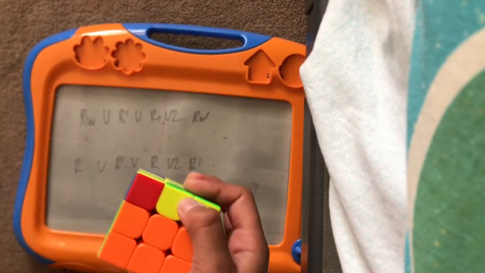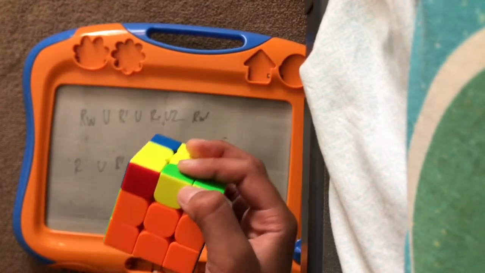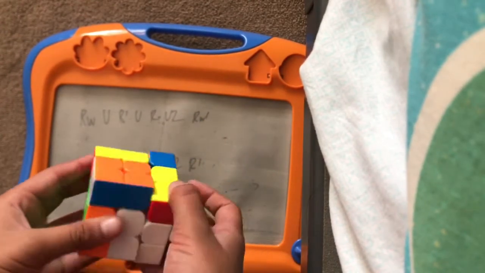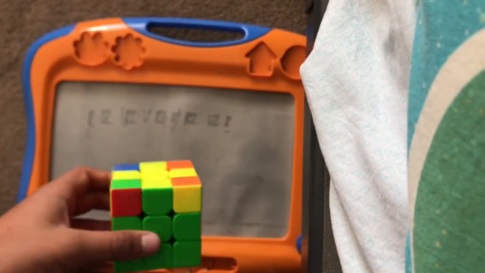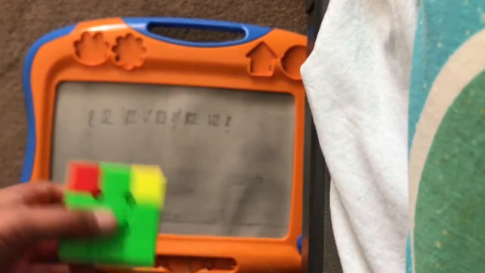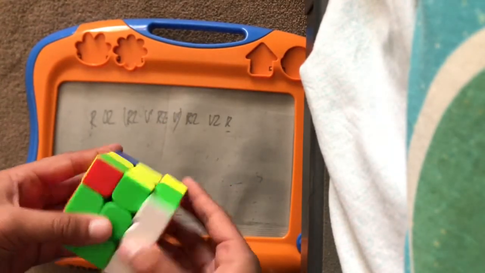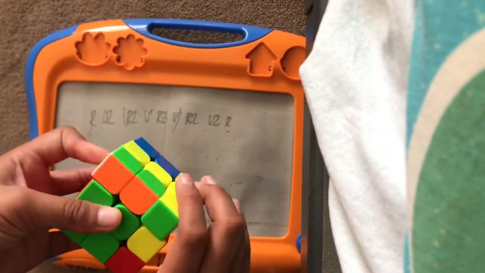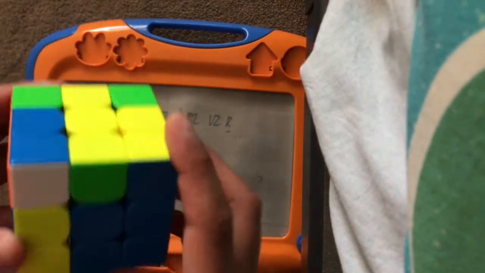So it's basically a Sune, but the first and last moves are wide moves. And for this OLL, it goes like this. It looks like a weird algorithm, but if you break up this bit, you can actually memorize it easily. And I did that wrong, but I think you get the point.